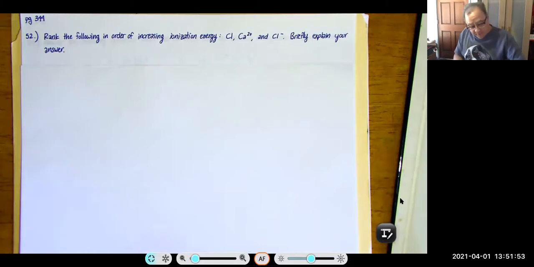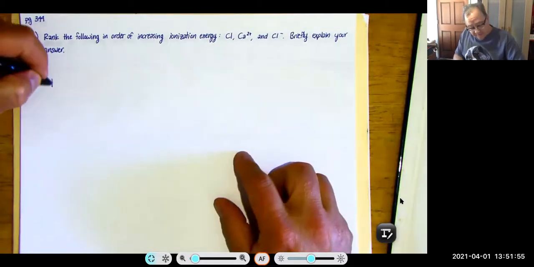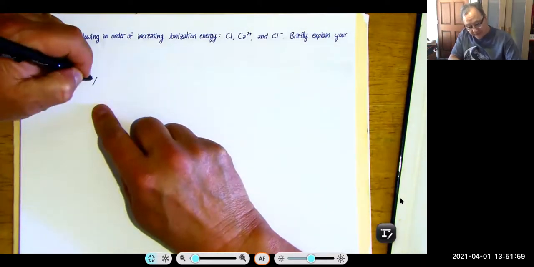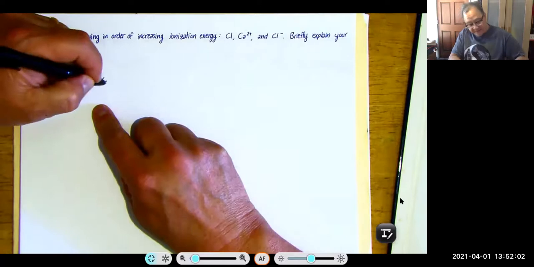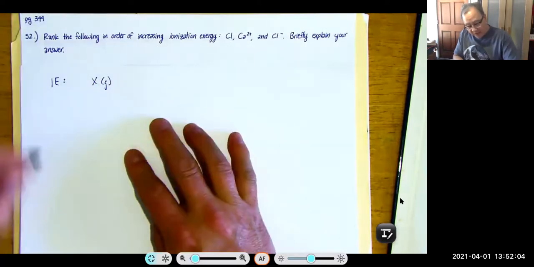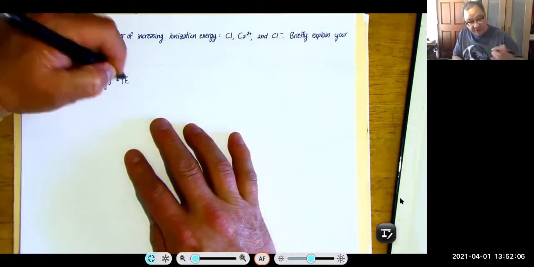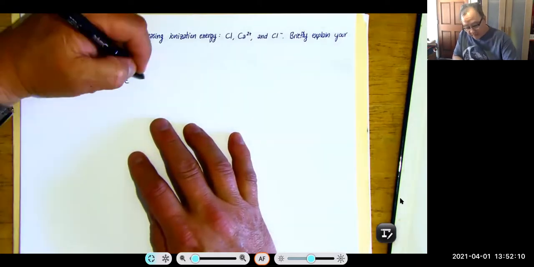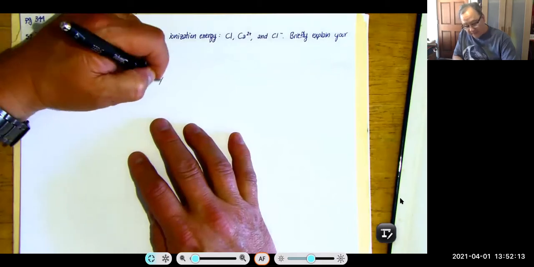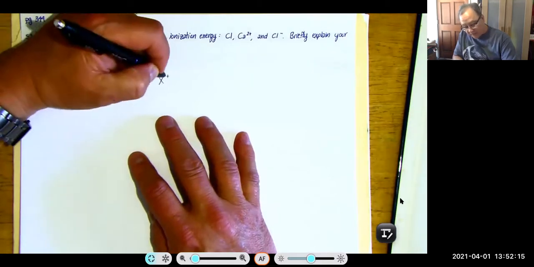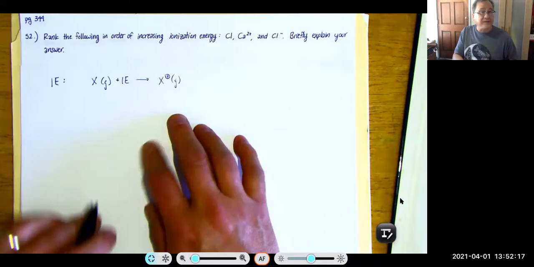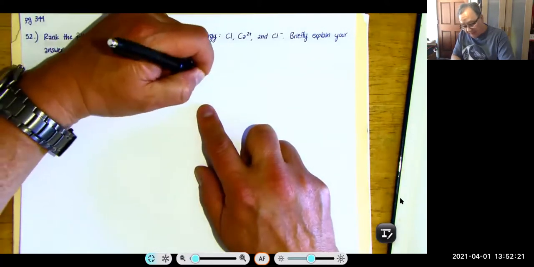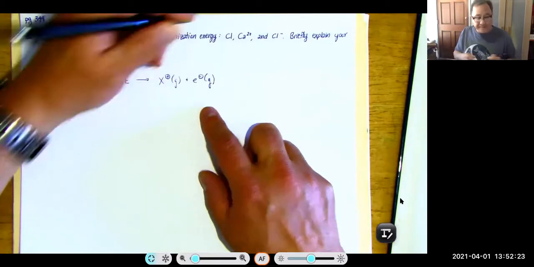So remember that ionization energy is the following, where you take an atom in the gaseous state and you add ionization energy, so it's a reactant. So this is endothermic, and you end up taking an electron from the atom, so it ends up having a positive sign, and the electron is pulled away, presumably to infinity.